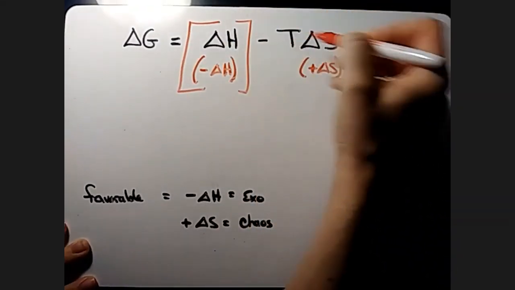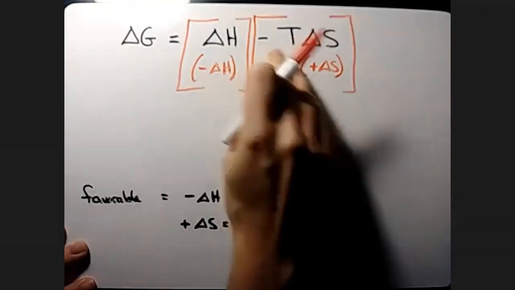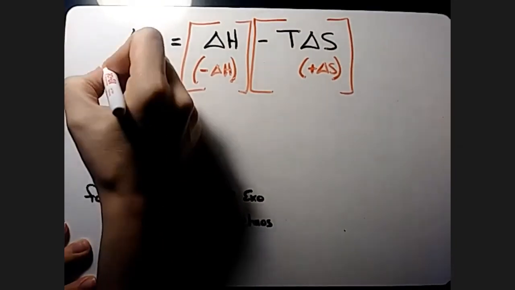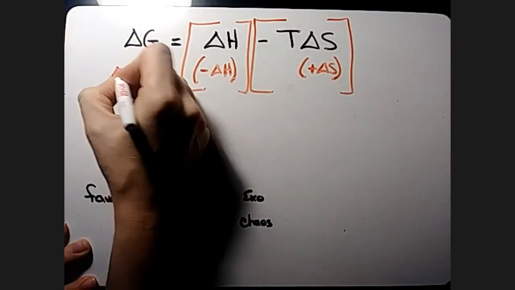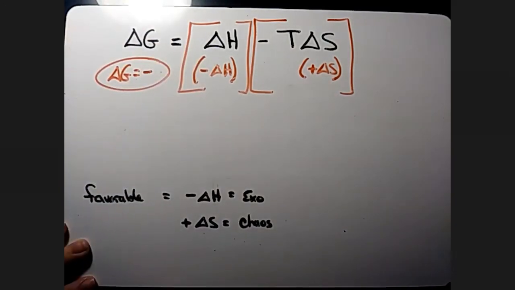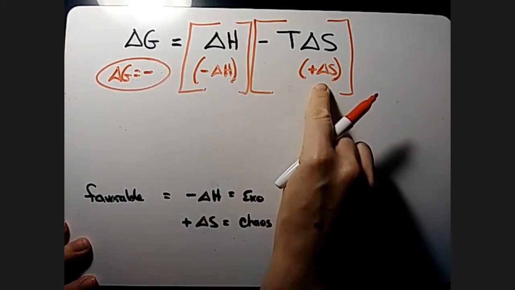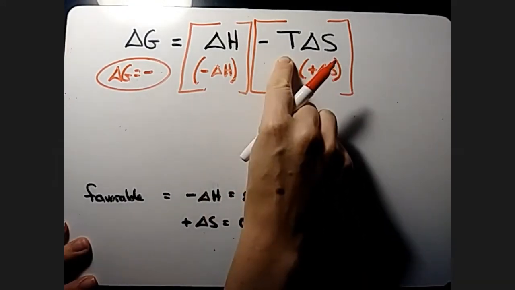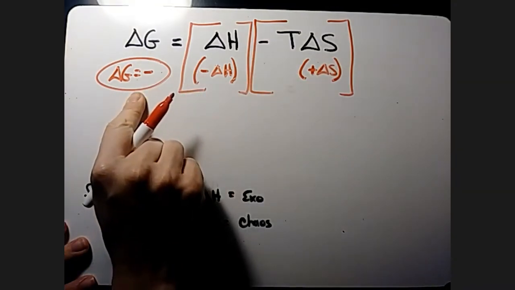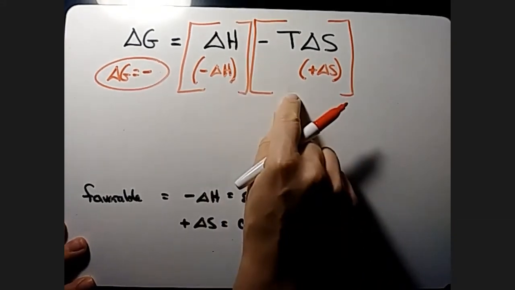So this is just more negative. Okay, I'm hoping you can see that mathematically, this term is also negative. Delta G has absolutely no choice but to come out also being negative, which means that when you have an exothermic reaction that's also moving toward chaos, it doesn't really matter which temperature you're going to plug in here, they're always going to be spontaneous because both of these terms are always going to be negative.